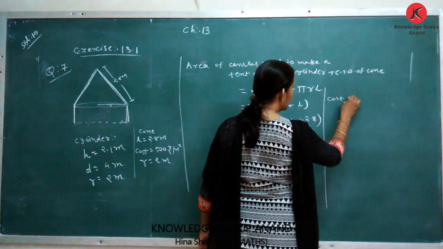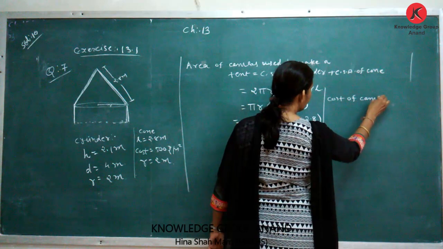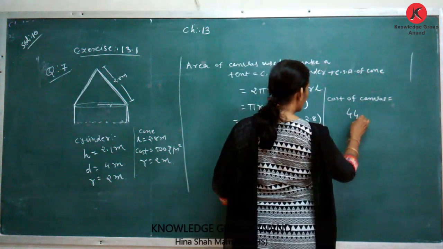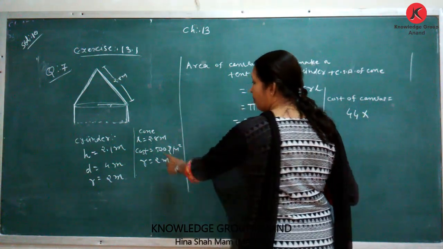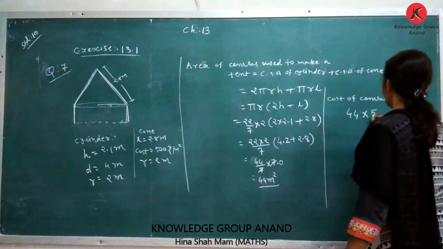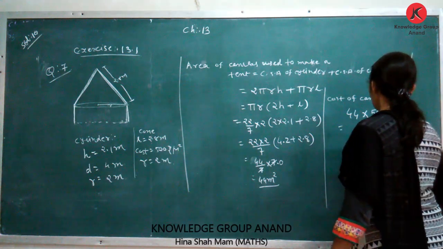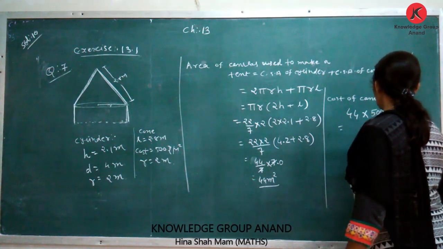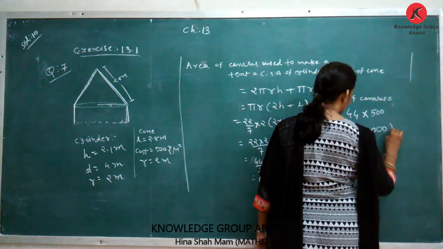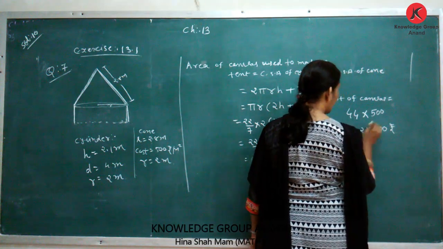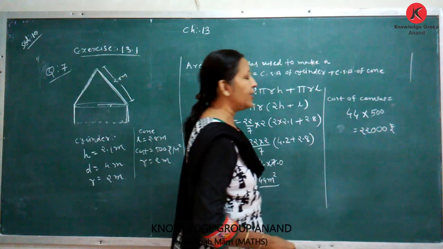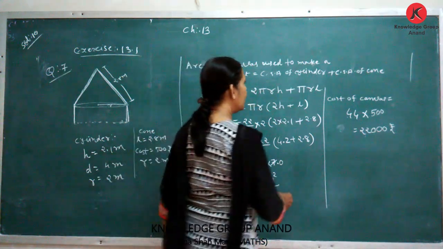Cost of canvas is equal to 44 multiplied by how many rupees? 500 rupees per meter square, multiplied, 44 into 500 is equal to 22,000 rupees.